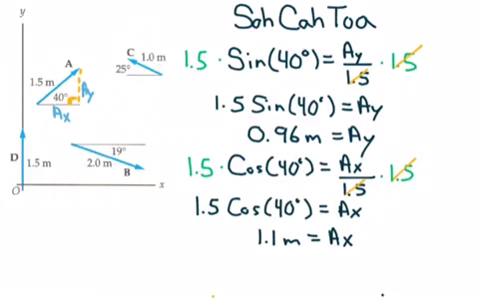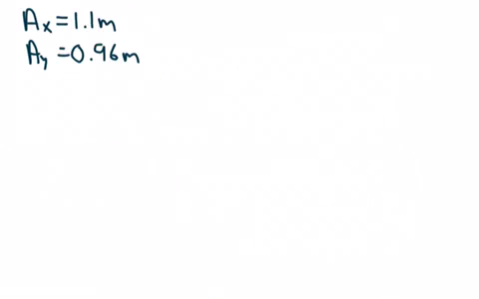Now that I have my y component and my x component, I can write vector A in unit vector notation. I've already copied these on the next page. I've got my x component of 1.1 and my y component of 0.96. I've already rounded to the proper number of sig figs, so this will be my final answer.